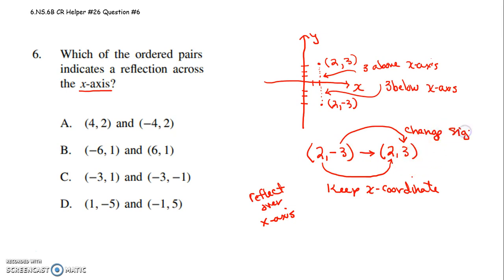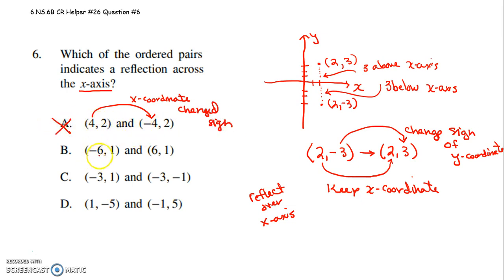Change the sign of the y-coordinate. So you can either draw yourself an axis and try this out, but here we can see from here to here, the x-coordinate changed sign. And the y-coordinate stayed the same.